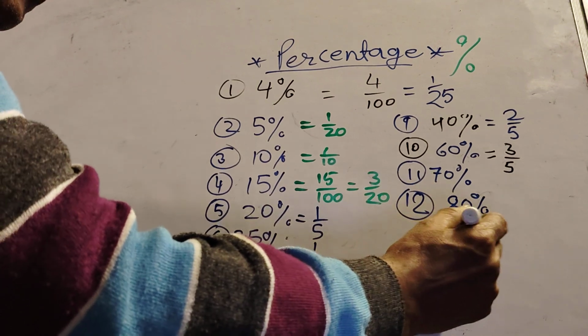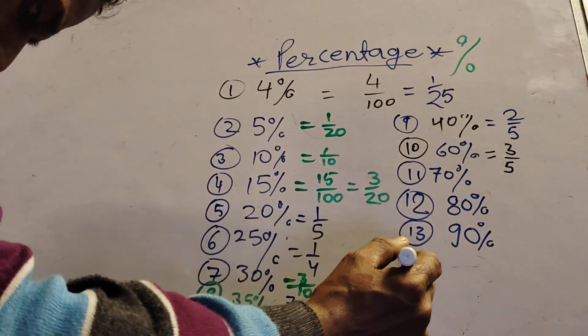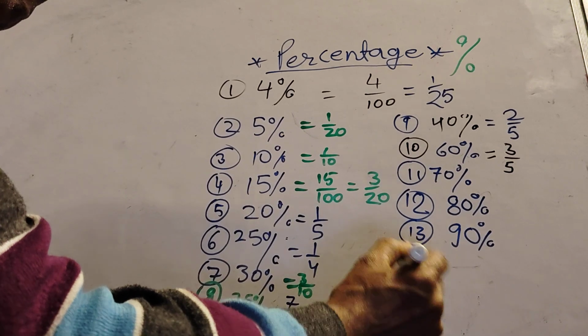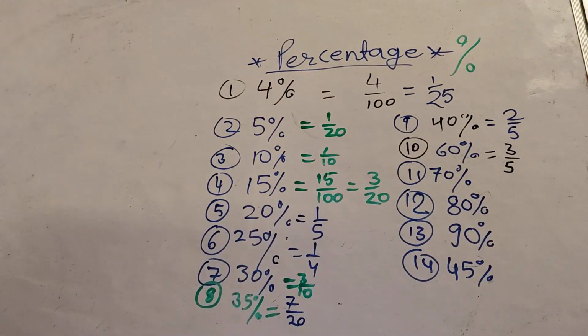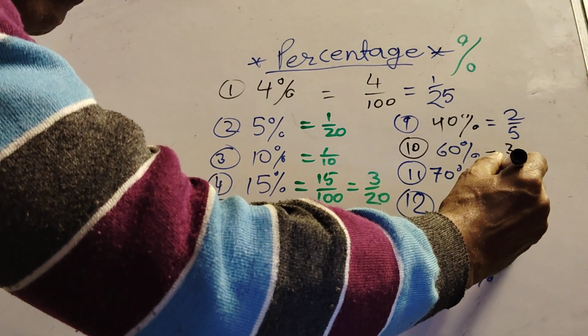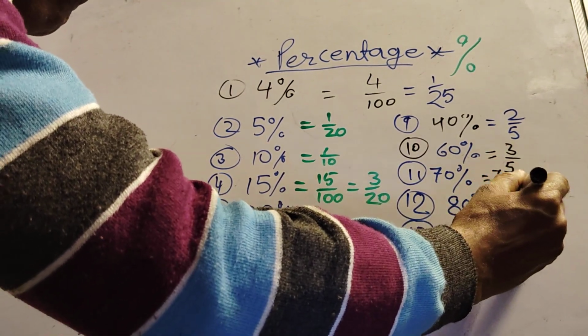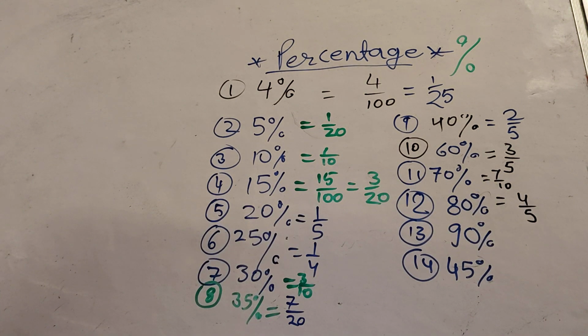70%. 7/10. Correct. 7 over 10. The 12th one would be 4/5. Correct. The 13th one would be 9/10. Correct.